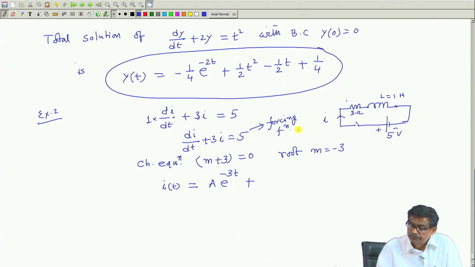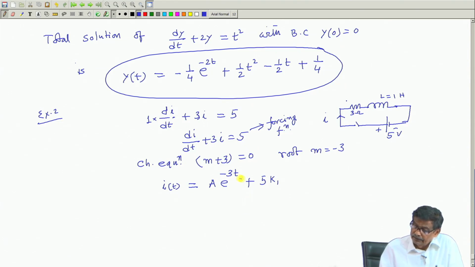Higher order derivatives will be 0 because it is a constant number 5, d5/dt is 0, d2 5/dt2 is 0. So, only one term will remain here and that will be proportional to 5, k1 times x(t), that is 5 into k1.